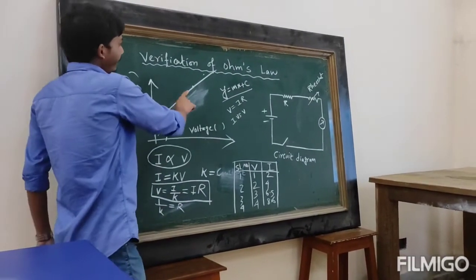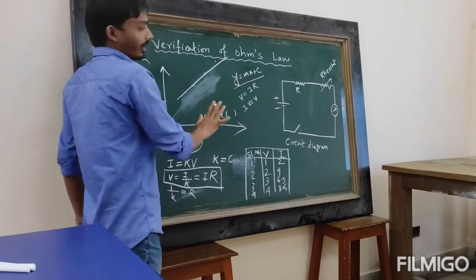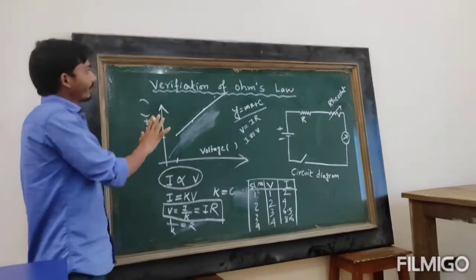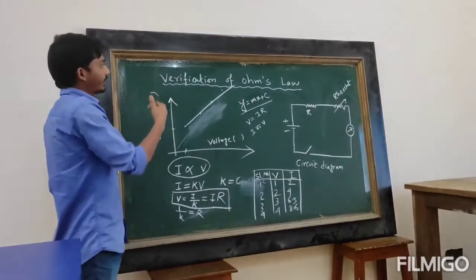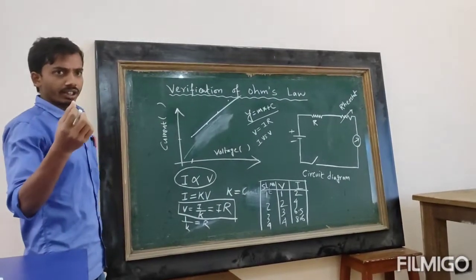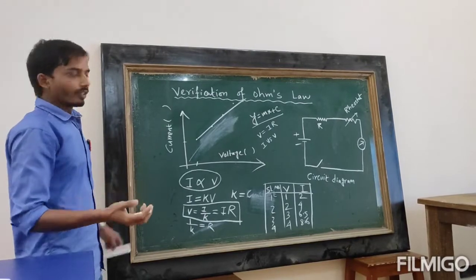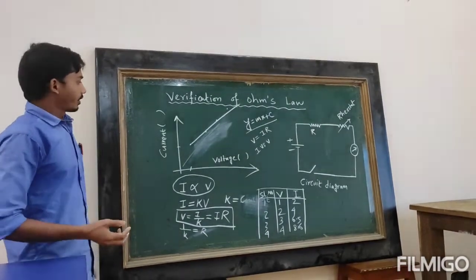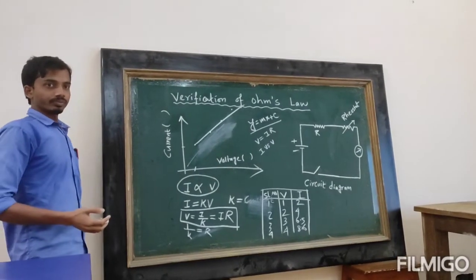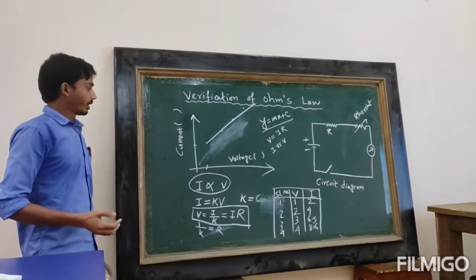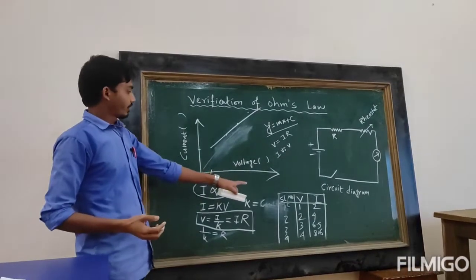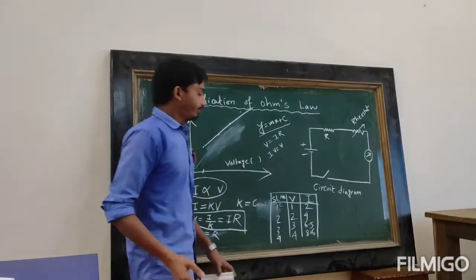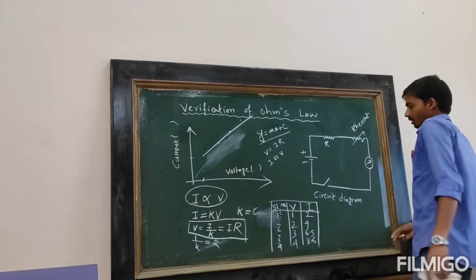If it is a straight line, then your Ohm's law verification is over. That means from this experiment we can say that we have verified Ohm's law, or that this conductor we are using obeys Ohm's law. Any question? That means for a particular voltage you have to note down the current. Till now it is okay.